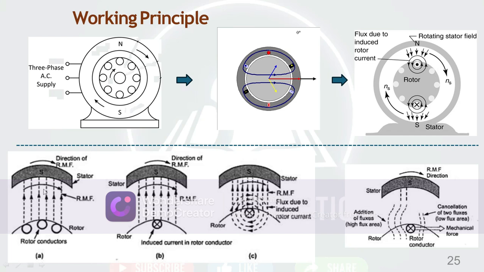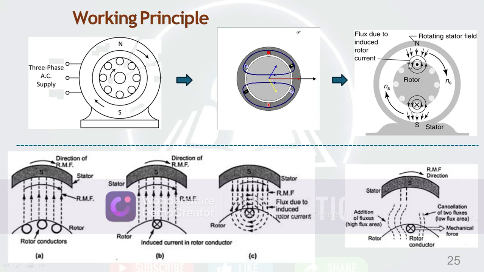So current is also provided to the rotor, and the N pole is here. If you consider the N pole here, the dot is the current direction towards the observer, and the cross is the current direction away from the observer.